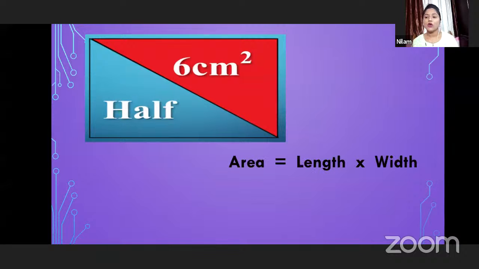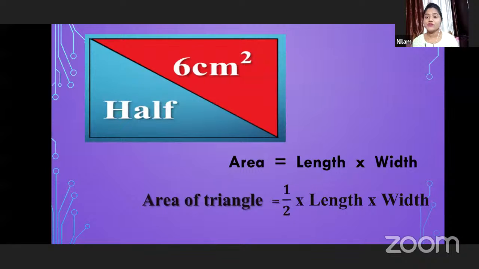See, the area of rectangle, the formula we have seen was length times width. Okay, it was the formula for the whole rectangle. But now we are finding out the formula for triangle, which we have seen is half of rectangle. So the area of triangle is half times length and width.